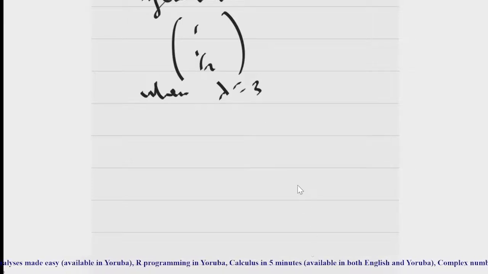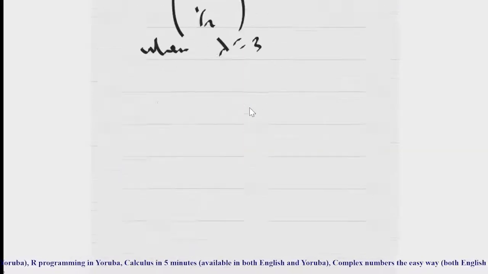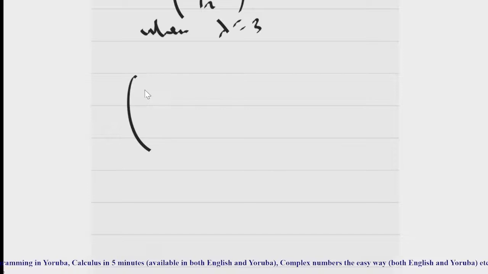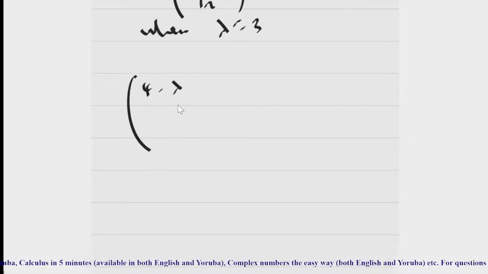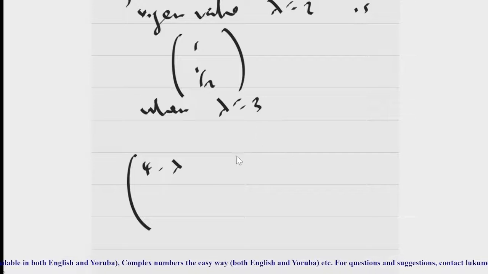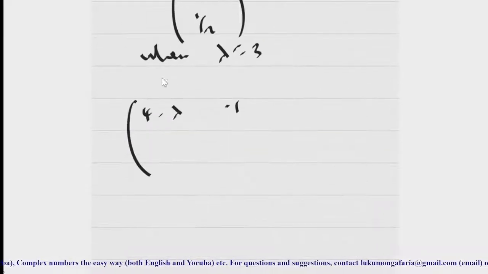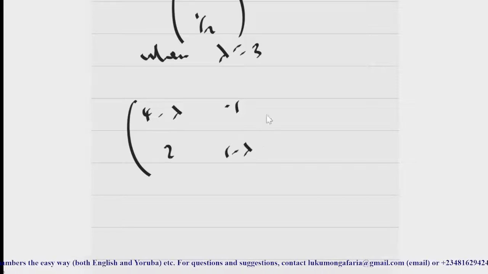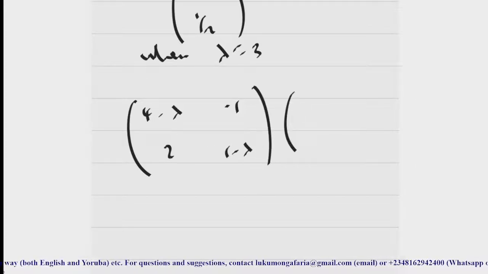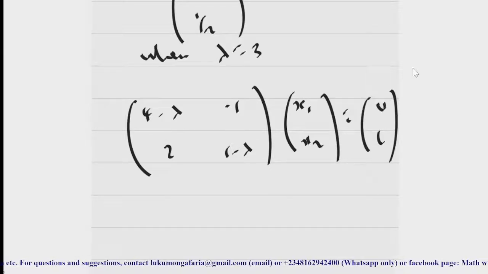You substitute the value of lambda to be 3 here. If I put lambda to be 3, then I'm going to have this matrix again: 4 minus lambda, minus 1, 2, 1 minus lambda, times x1, x2, equals 0, 0.